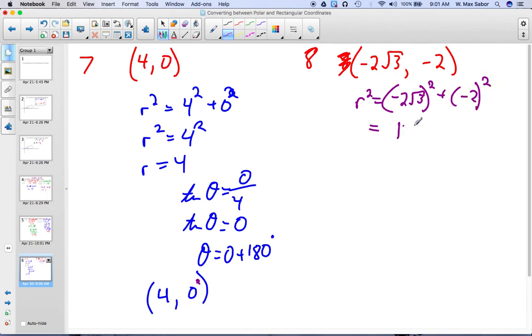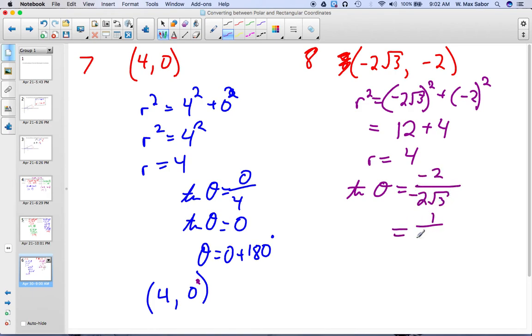Here, r squared equals negative 2 root 3 all squared plus negative 2 squared. So that's 12 plus 4. Goodness, I picked a bunch of problems where they all had the radius 4. And then tangent equals negative 2 over negative 2 root 3 equals 1 over root 3.